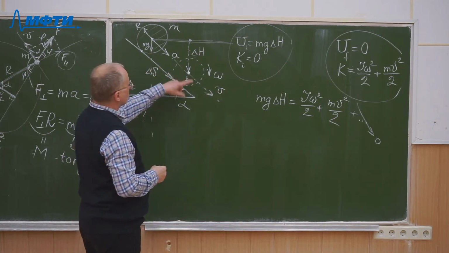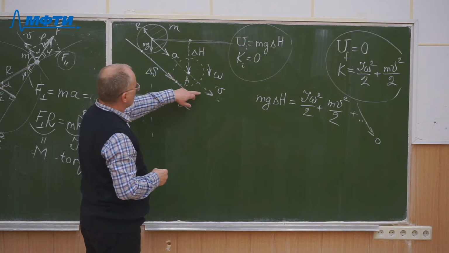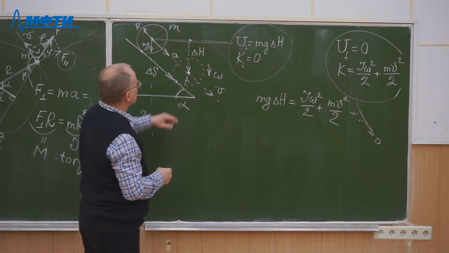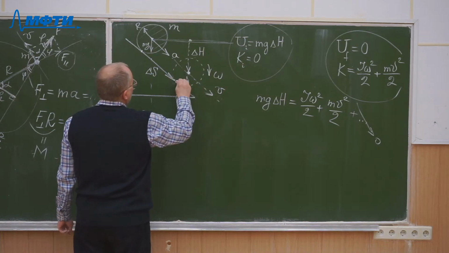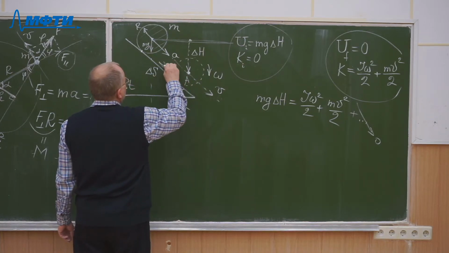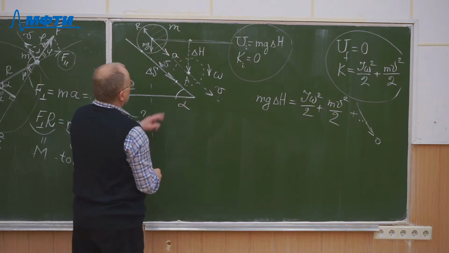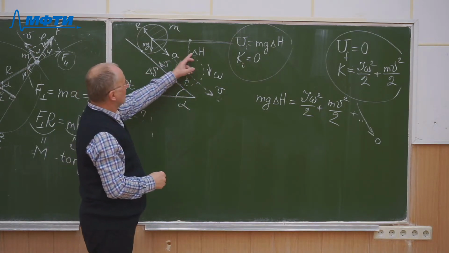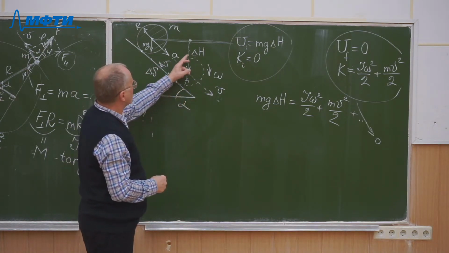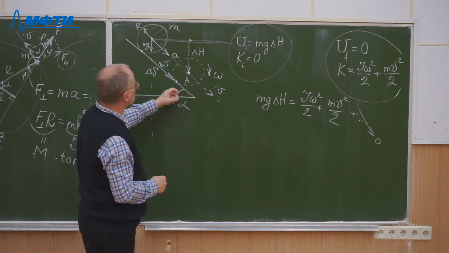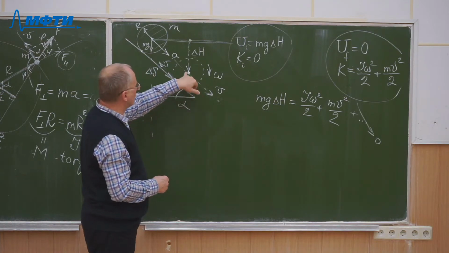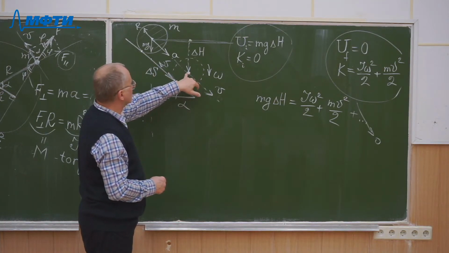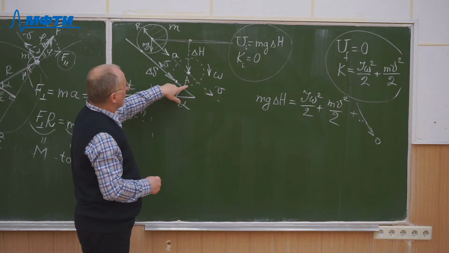But if you go to the reference frame moving with this velocity, then this point of the cylinder will have the same velocity in the opposite direction, and all the points of the surface of the cylinder will have the same velocity v, if we go to the reference frame associated with the center of mass.